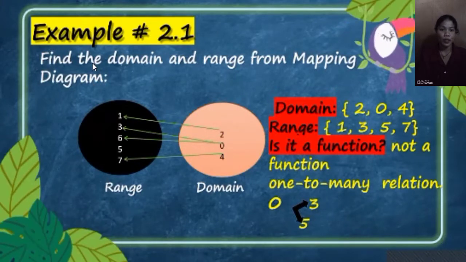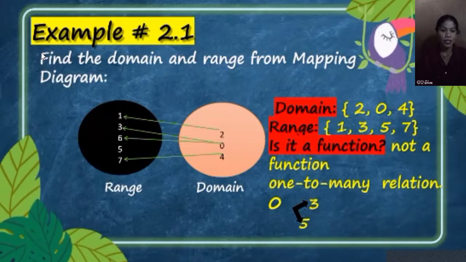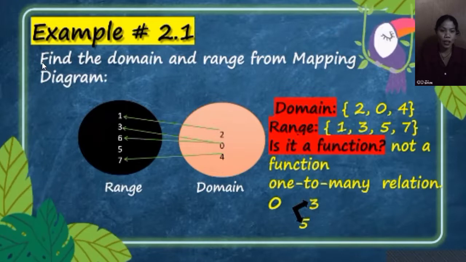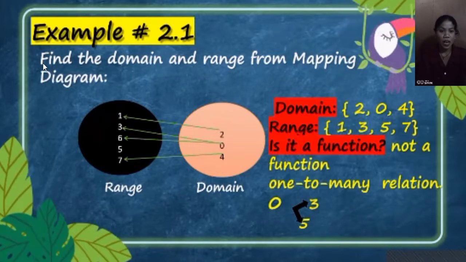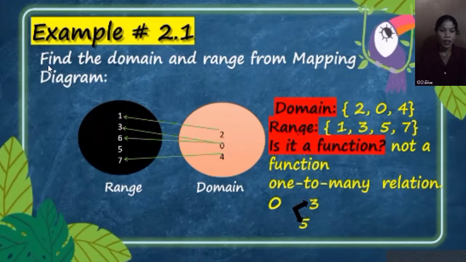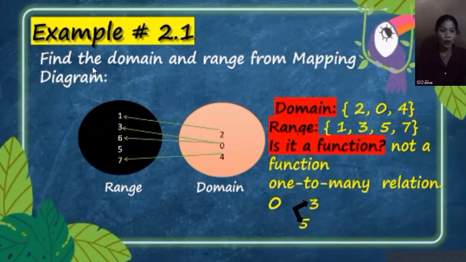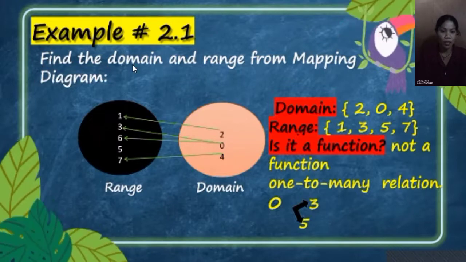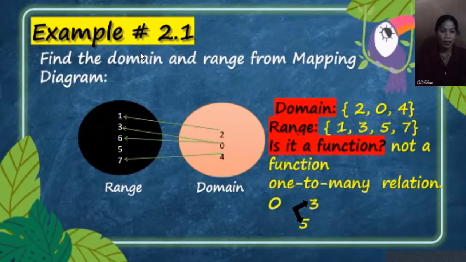Example 2.1. Find the domain and range from the mapping diagram. The domain is 2, 0, 4. We should not write 5 in the domain because it has no domain element pointing from it, so we should not list it.